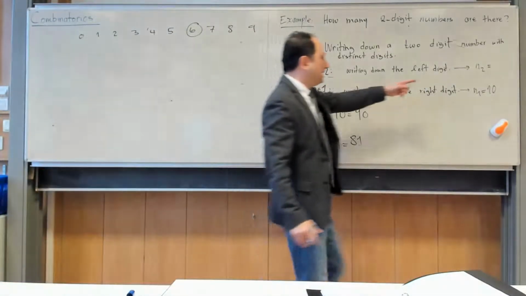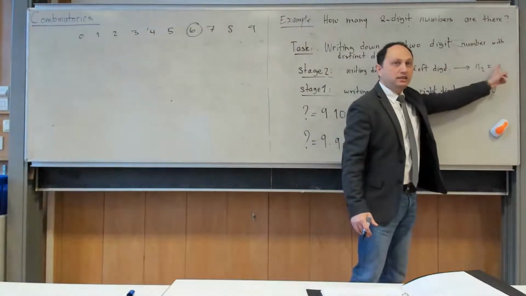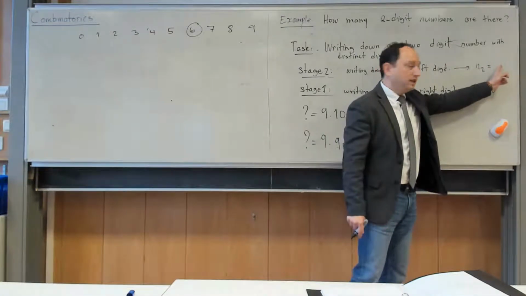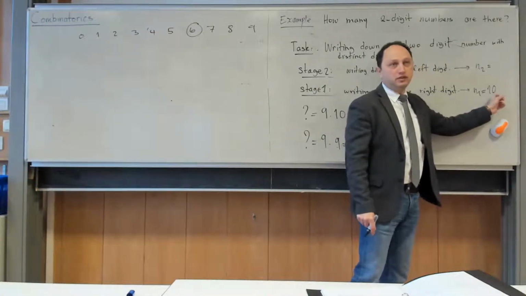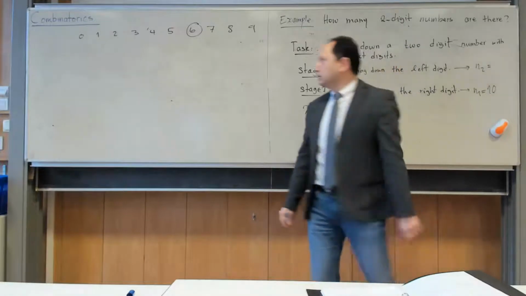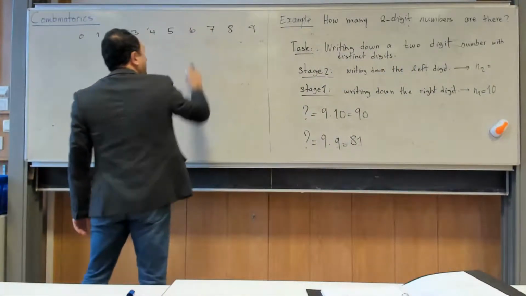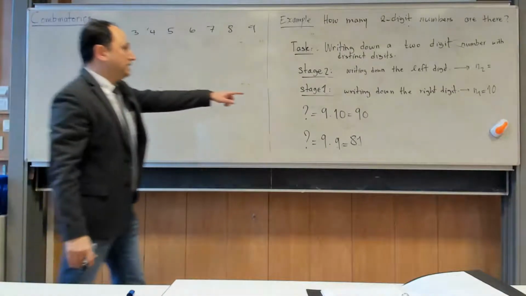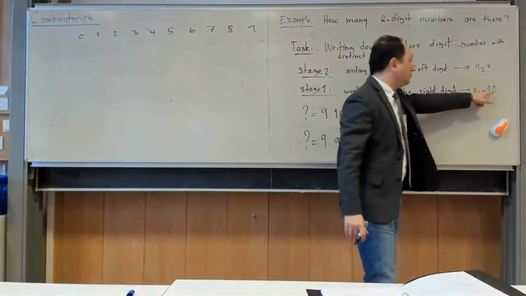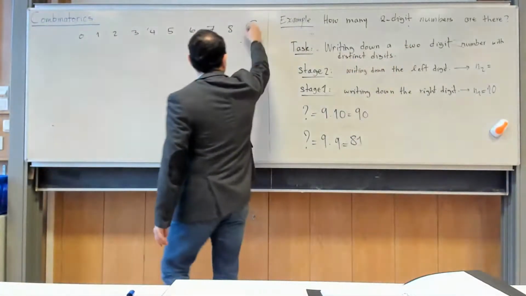You should say that the number that I want to put here depends on what I have done in the first stage. Let us check. Why does this depend? Because it is completely possible that in the first stage, when I write 10, I have chosen 9.